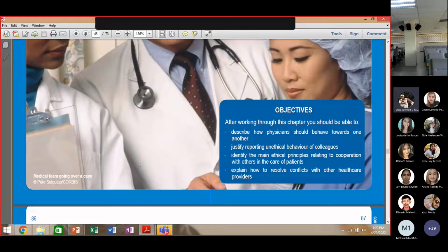If there's a problem with the heart, the lungs will be affected, because if the heart cannot pump oxygen, there will be impairment in the oxygen-blood exchange. That would affect the lungs, and so on and so forth. And then next, explain how to resolve conflicts with other healthcare providers.